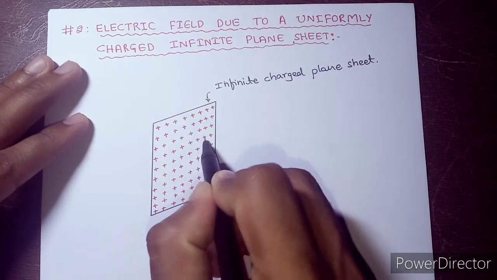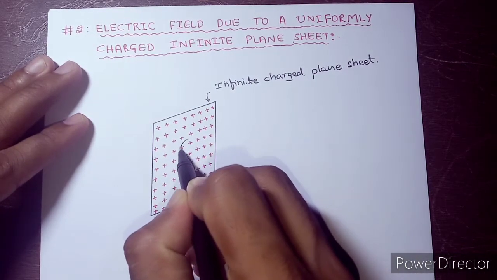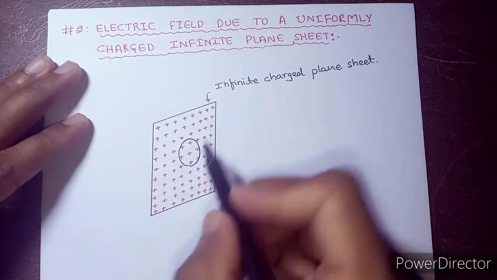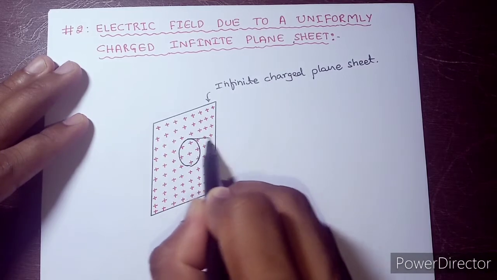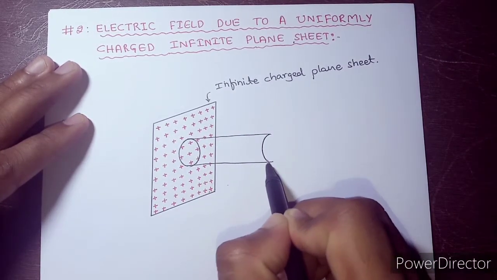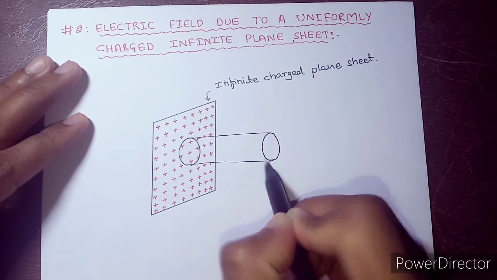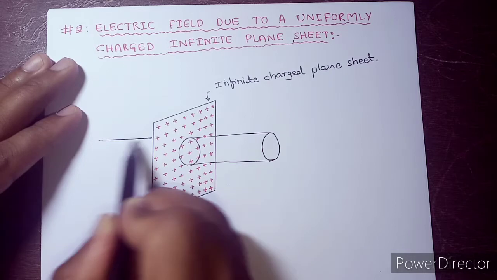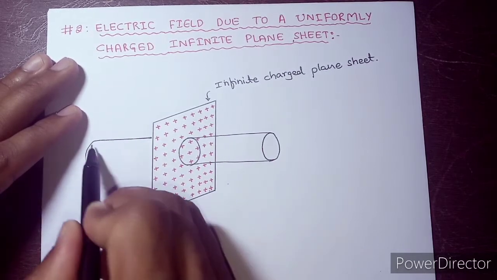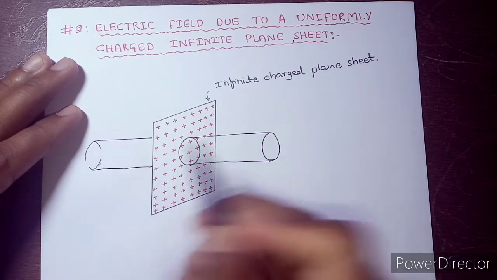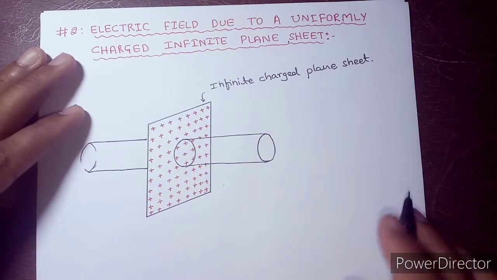Okay, so what I will do, I will draw a cylindrical Gaussian surface for that, like this on both sides. So this is the Gaussian surface.